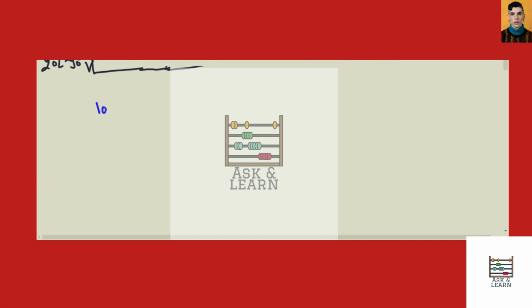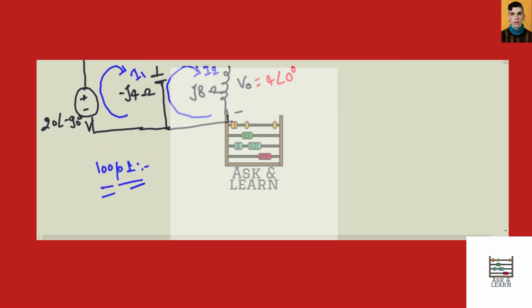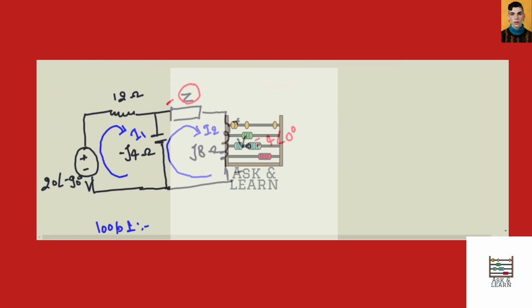The equation for loop 1 can be written as follows. I am starting the loop from here and going in this way, as the current is flowing in this direction.